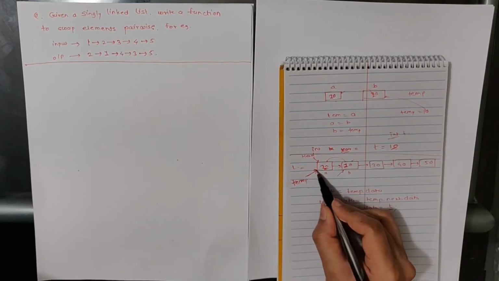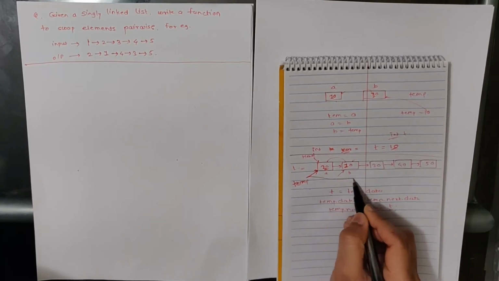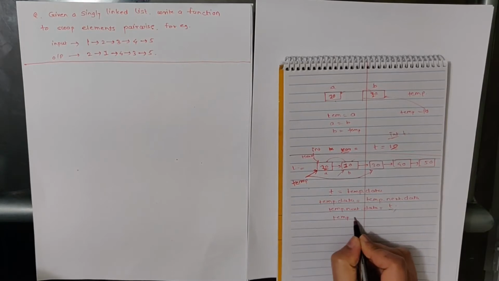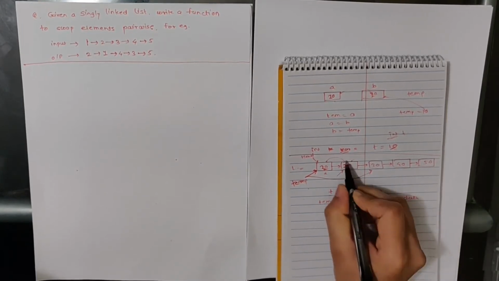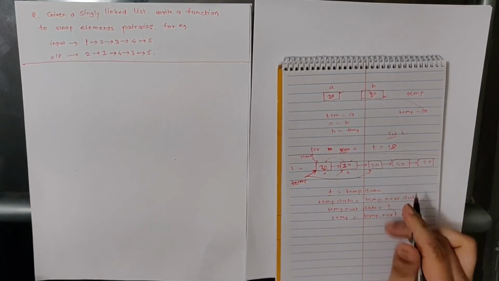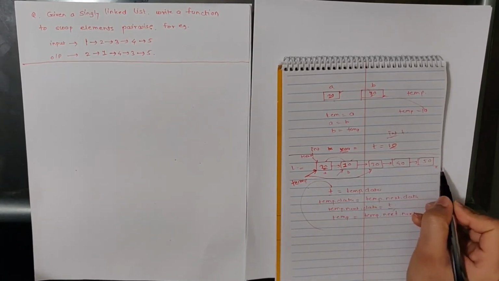Now our temp is here. Now we have swapped these two, so we need to move temp to here. So temp is equal to temp next, that is this one's next. Now we will again perform the same operation until we reach the end of the list.